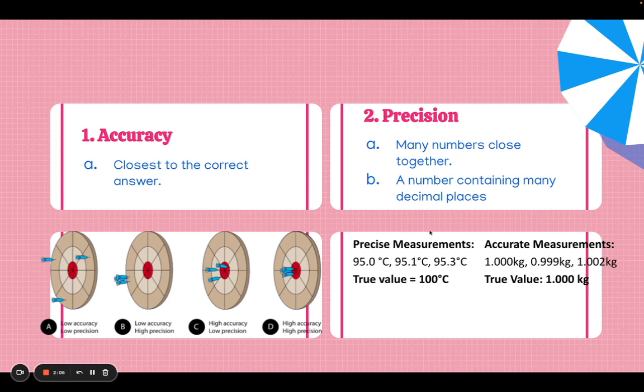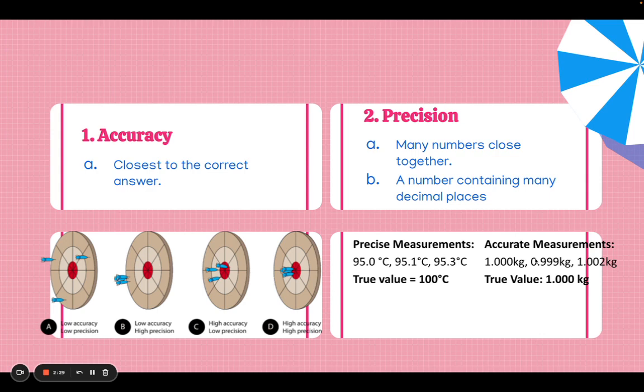You can see over here to the right examples of measurements. So for a precise measurement, we see 95.0, 95.1, 95.3. Those are all temperatures that are very close together, even though the true value is 100. 5 degrees off from 100 is not very accurate. So these numbers are precise without being accurate.